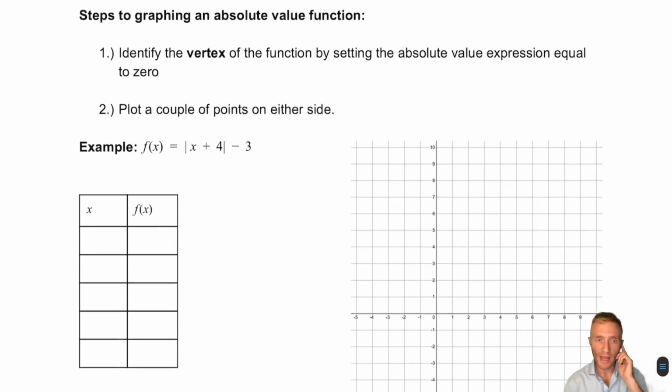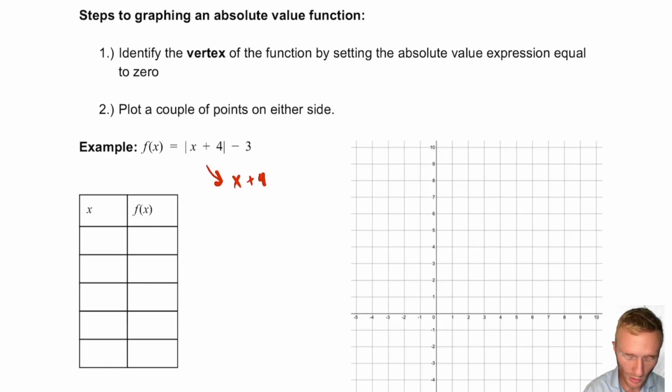If we wanted to graph the absolute value of x plus 4, minus 3, step 1 says to find the vertex of the equation by setting the absolute value expression equal to 0. So you take what's on the inside, which is x plus 4, and set it equal to 0.